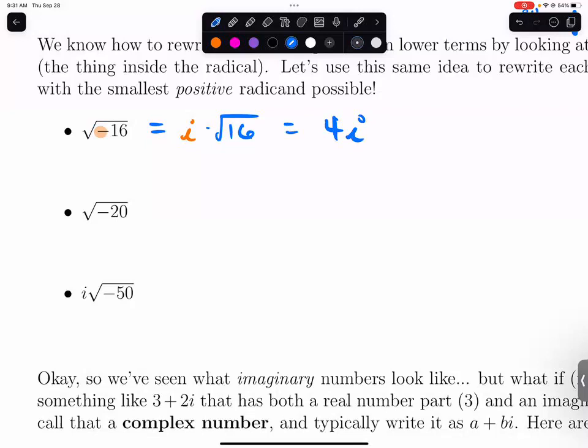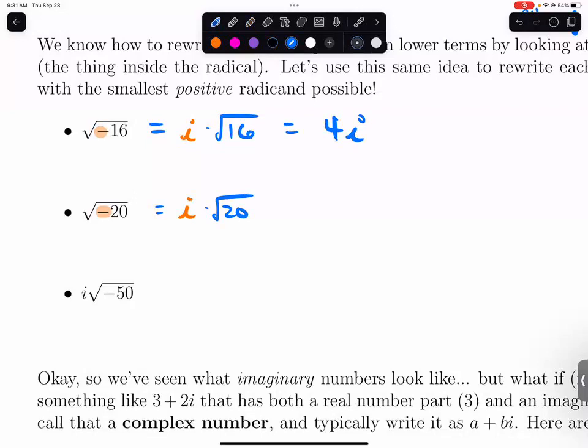The same thing is true elsewhere. So basically, we just take the stuff that we've been doing lately about simplifying square roots and looking for factors inside them, and add a layer to it that, okay, if there's a negative, that means there's a factor of i. So the same thing's true here. This would be i times the square root of 20.